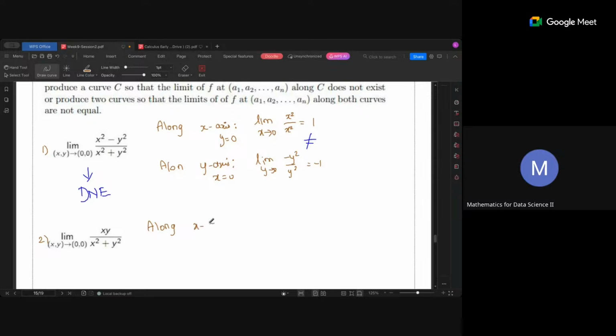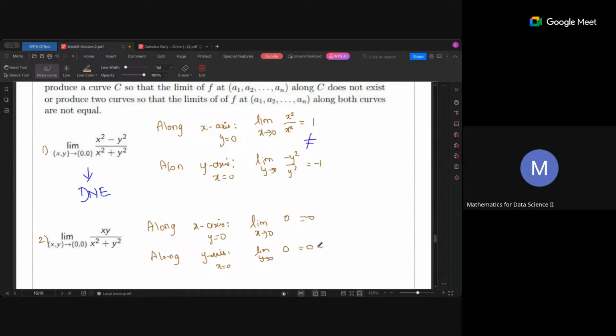Okay. So now again we'll start as you said. Along the x-axis, y is 0. So now what is your limit as x goes to 0? What is the function? 0. Right. Now along the y-axis, your x is 0, so the limit as y goes to 0. What is the function? It will be 0.